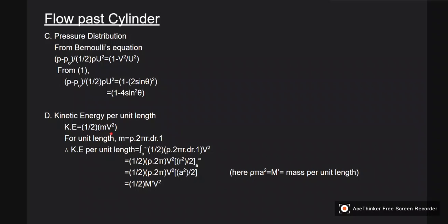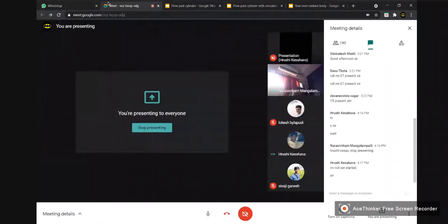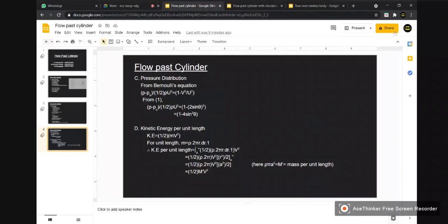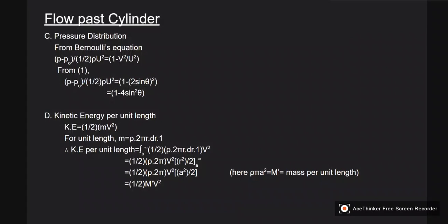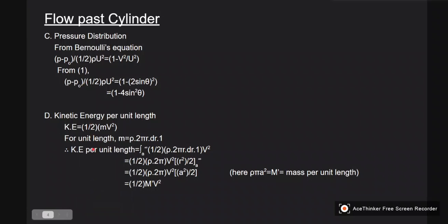Kinetic energy is equal to half m v square. Mass is equal to density into volume, sir. Density into area into per unit length.